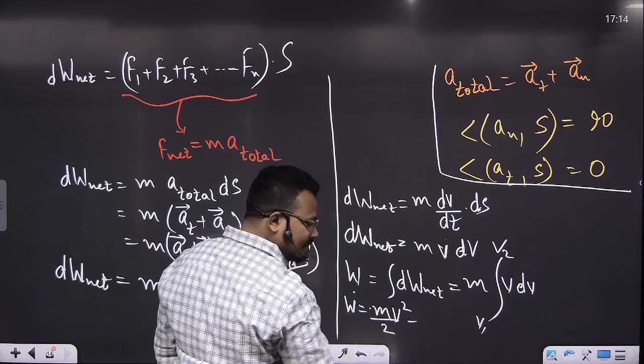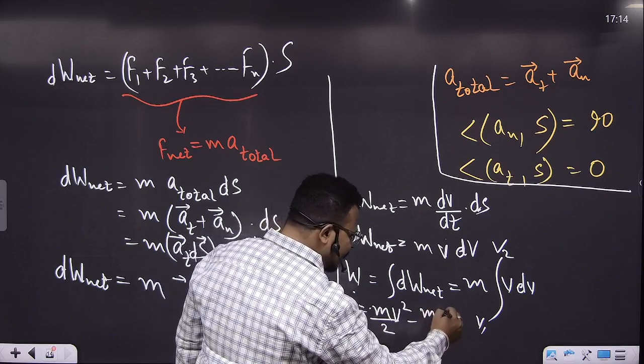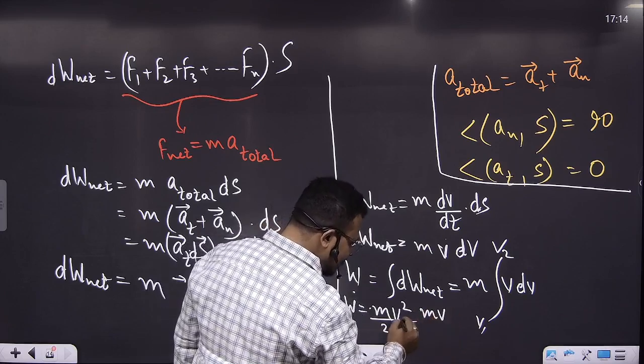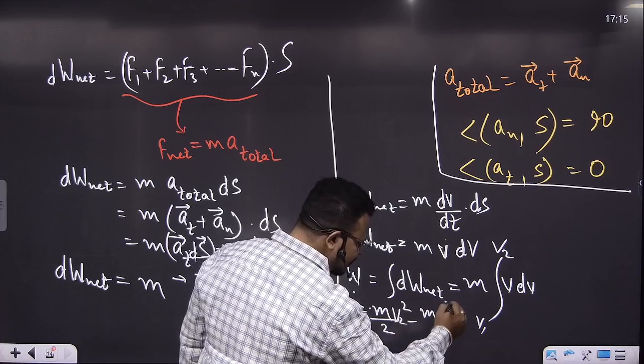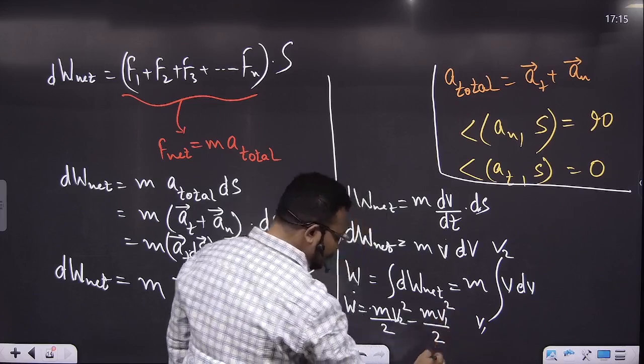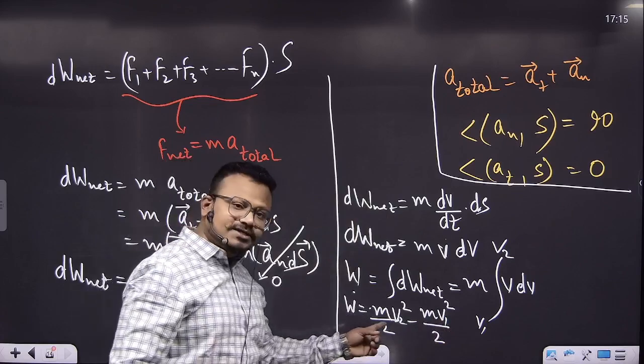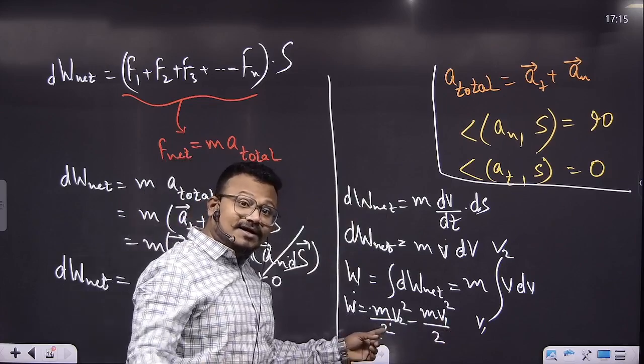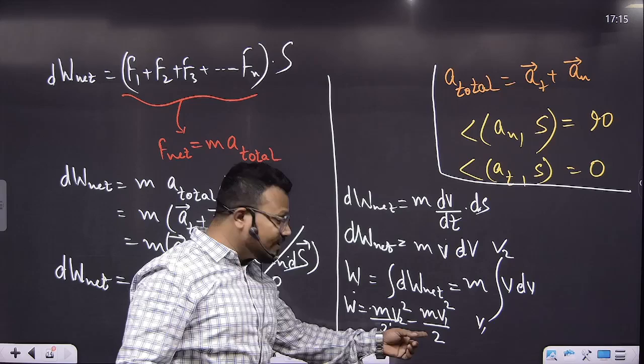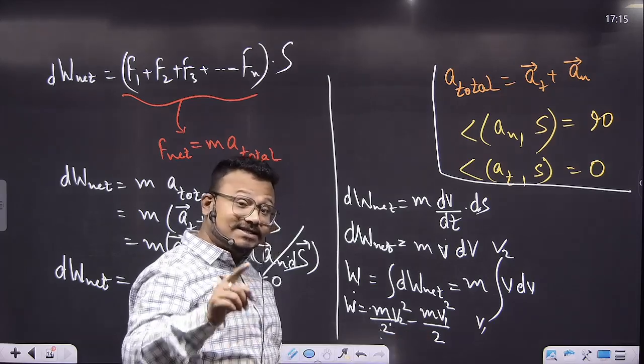So v2 square by 2 minus v1 square by 2. v2 square is kinetic energy final, and v1 square is kinetic energy initial.